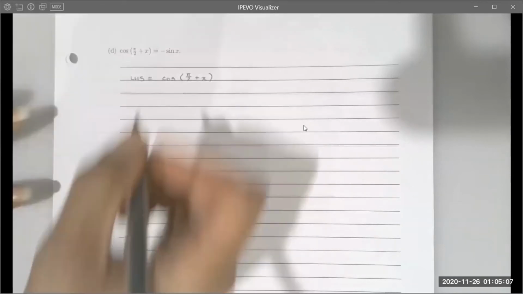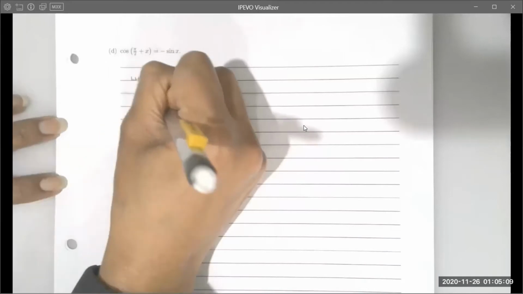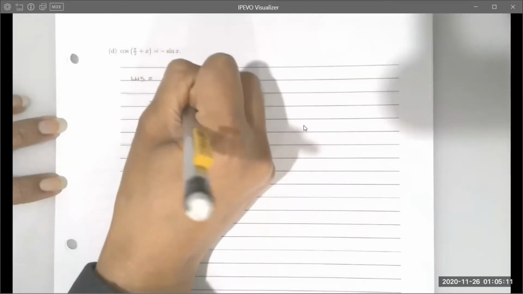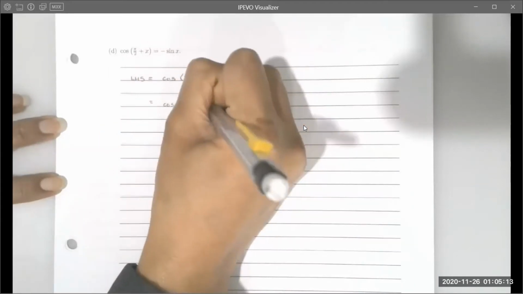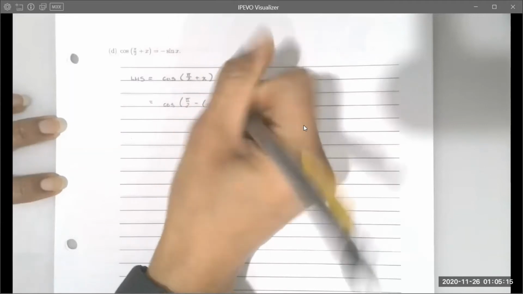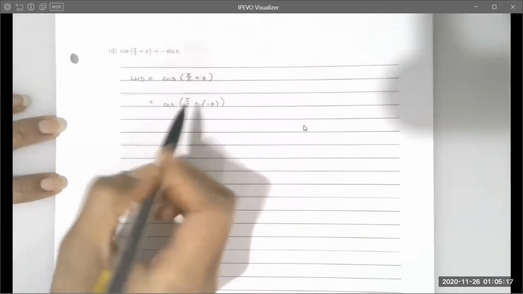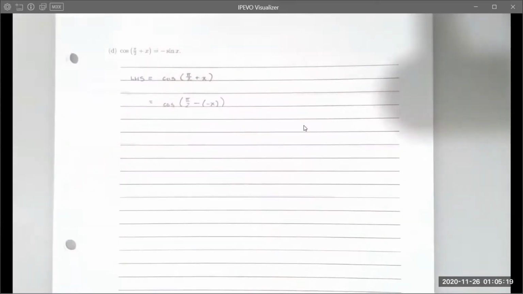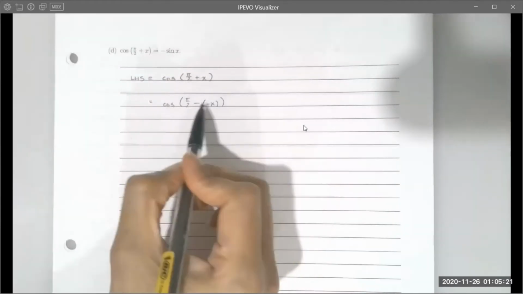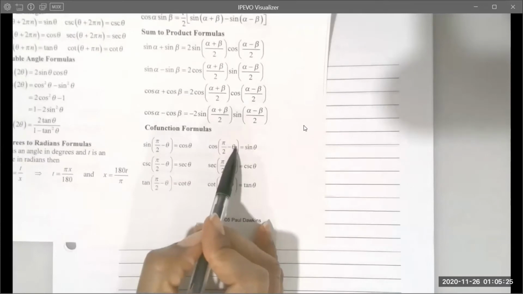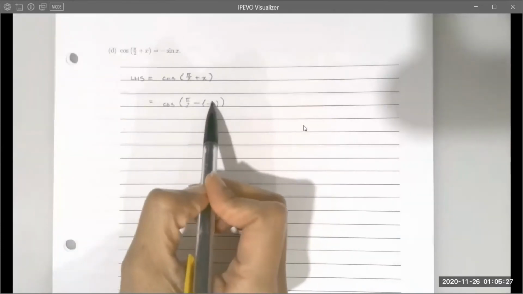But maybe if we rewrite it as cosine of pi over 2 minus negative x, which works because minus a negative is positive. Now it's going to have a very similar form, except that instead of theta, we'll have this negative x.